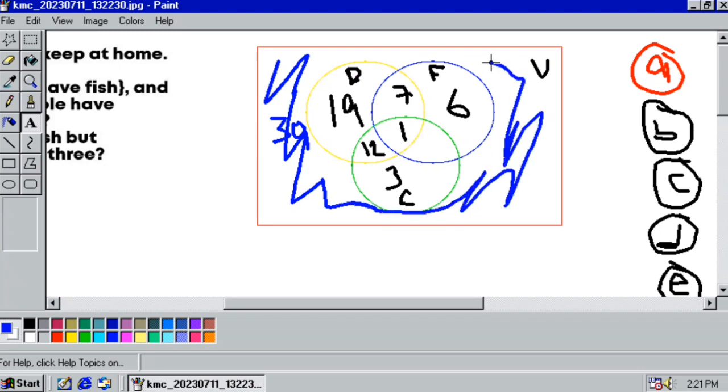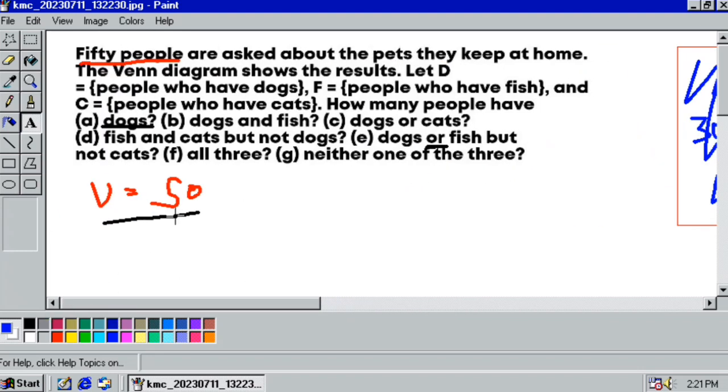So this is the shaded part. First let's add. Since our dogs here is 39, 39 plus 3 is 42, and 42 plus 6 is 48. So that's all of the sets, which is 48. Not negative 48, just 48.